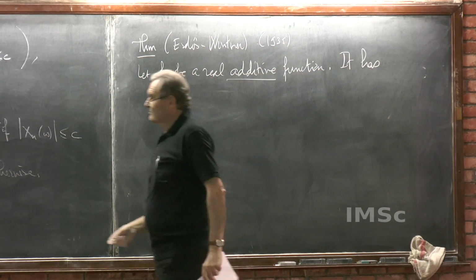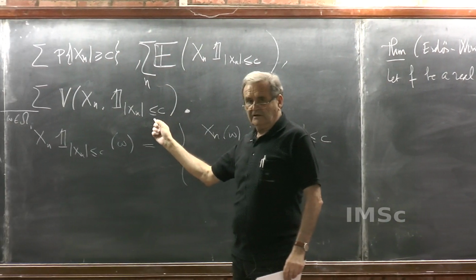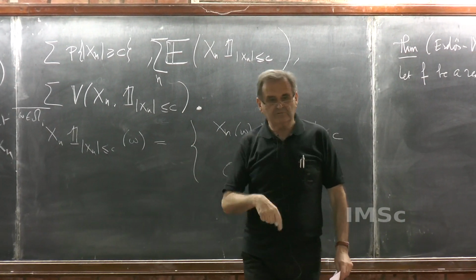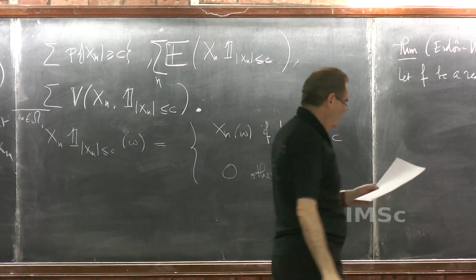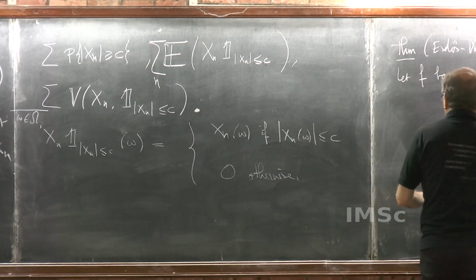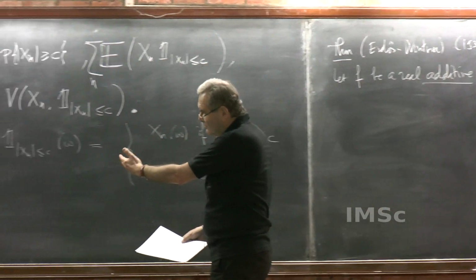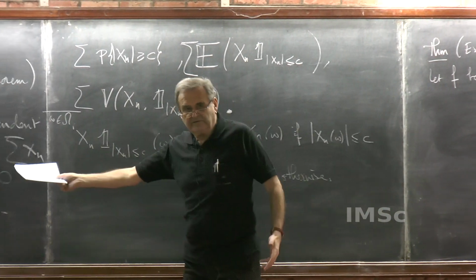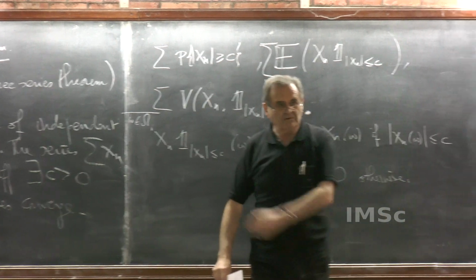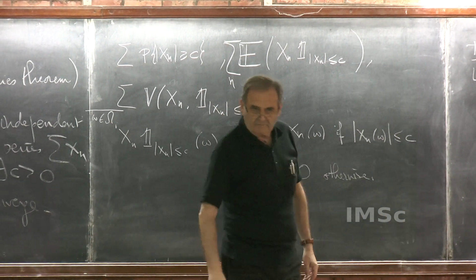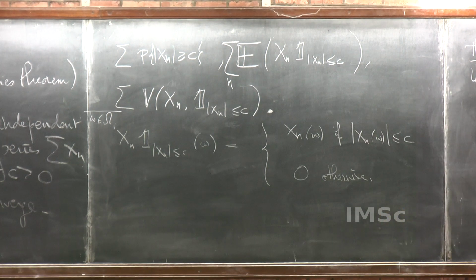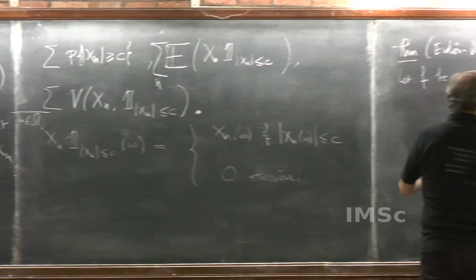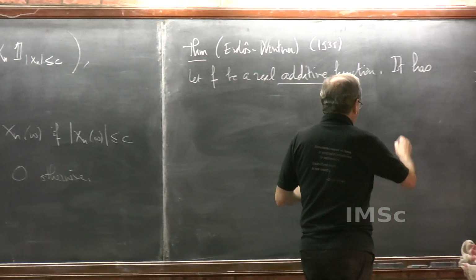By the way, you may play some game and notice that if it is true for some C, it is true for any C, exactly what we were doing this morning. So it may seem awkward, but if there exists one positive C for which it's true, then it is true for any positive C. So to prove it, choose just the C which is fine for you. So it has a limiting distribution function.